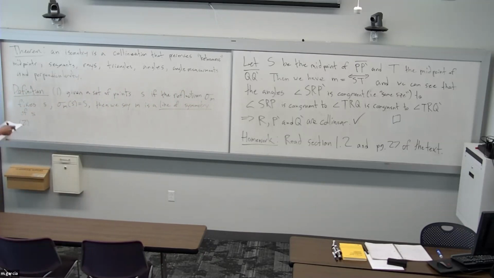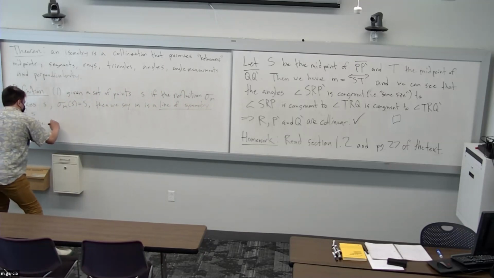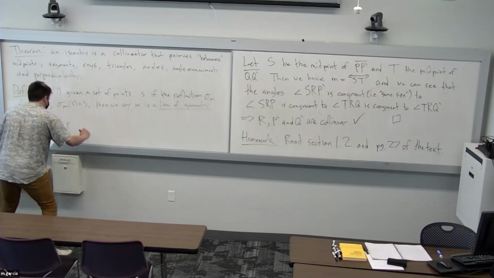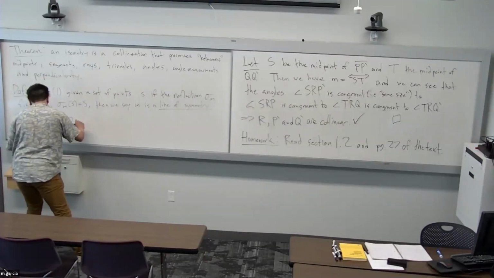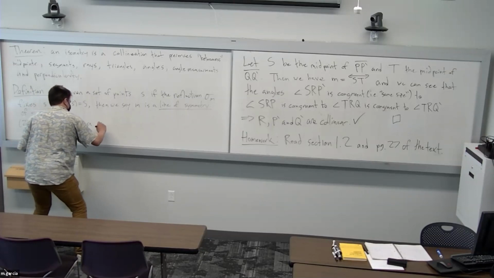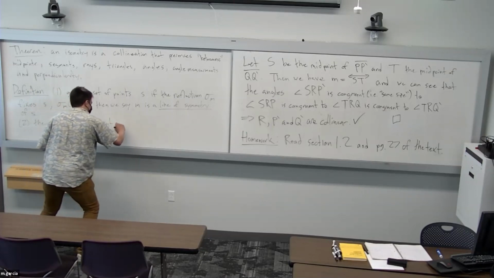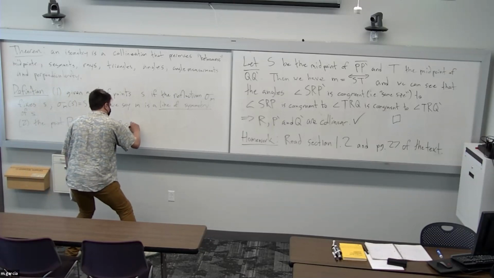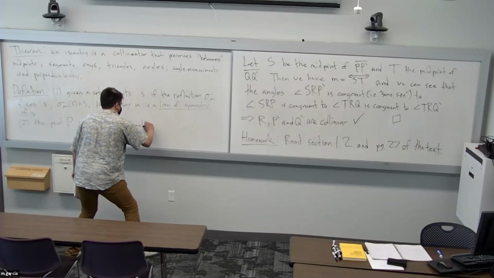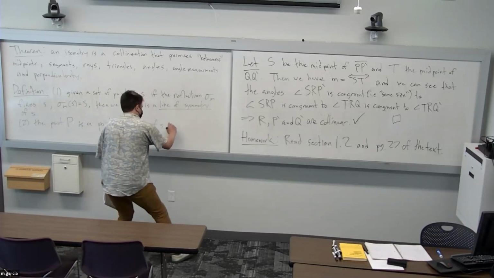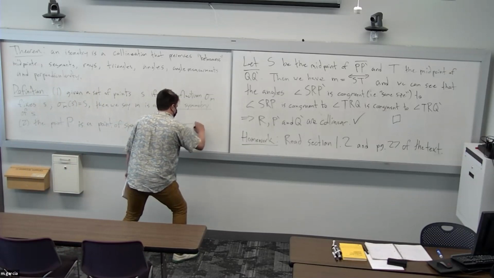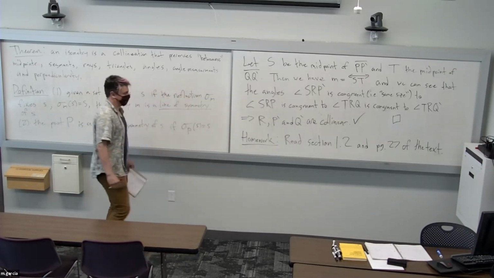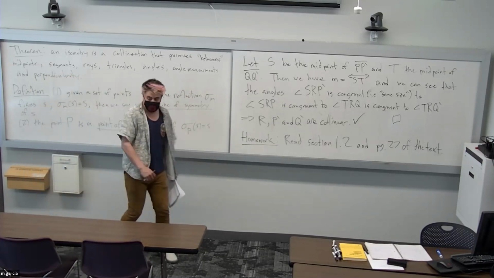Okay? 2, the point P, capital P, is a point of symmetry of S if the half turn about P fixes S. Okay?